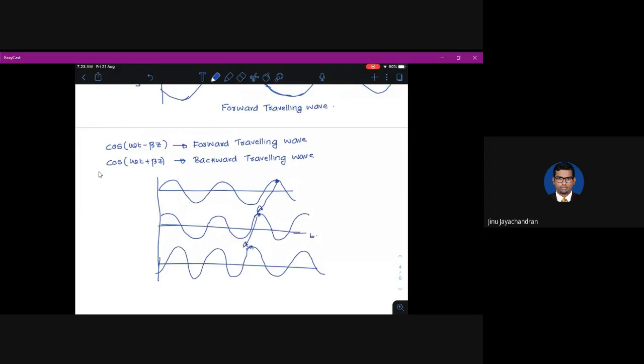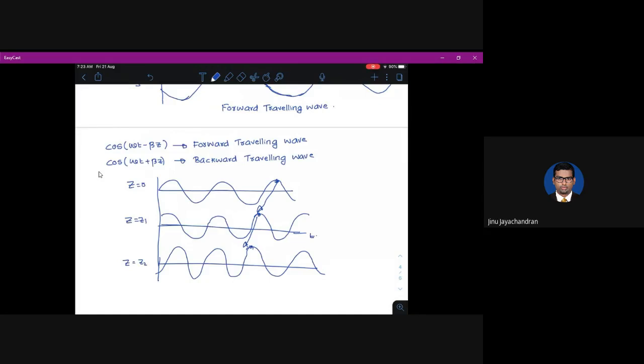This is time. This is again for different values of z equal to 0, some z equal to z1, and then z equal to z2, and so on. So this is called a backward traveling wave.